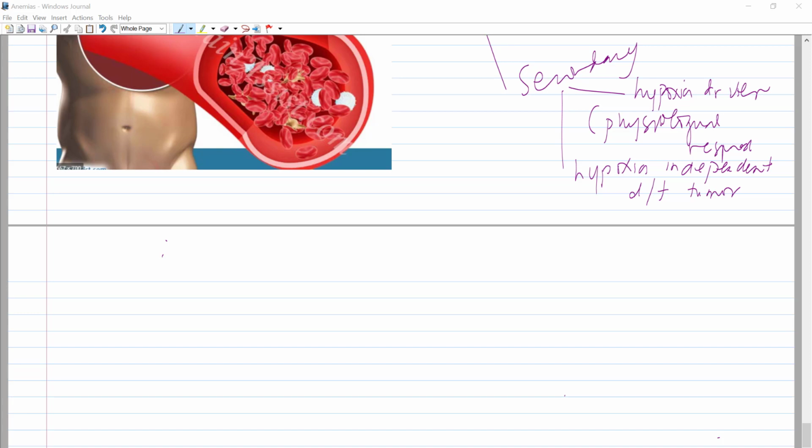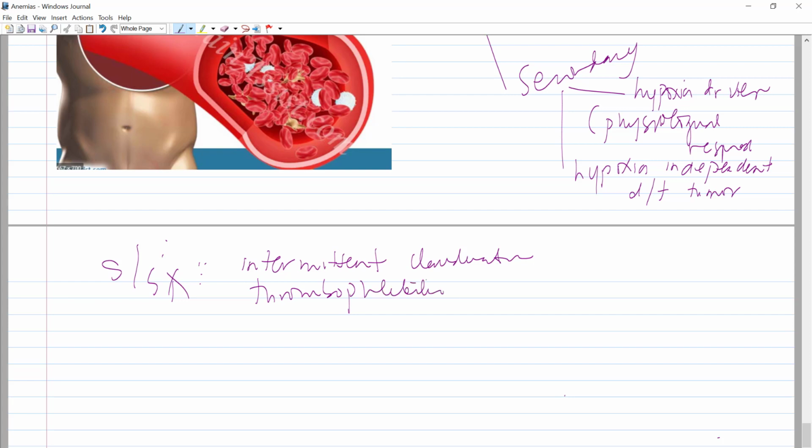Alright, so if your patient has polycythemia, knowing that there's a possibility that they can form clots, the most common signs and symptoms would be intermittent claudication. Not only that, it can also cause thrombophlebitis. So you really have to check the pulses, the color, and the sensation of the extremities of your patient.